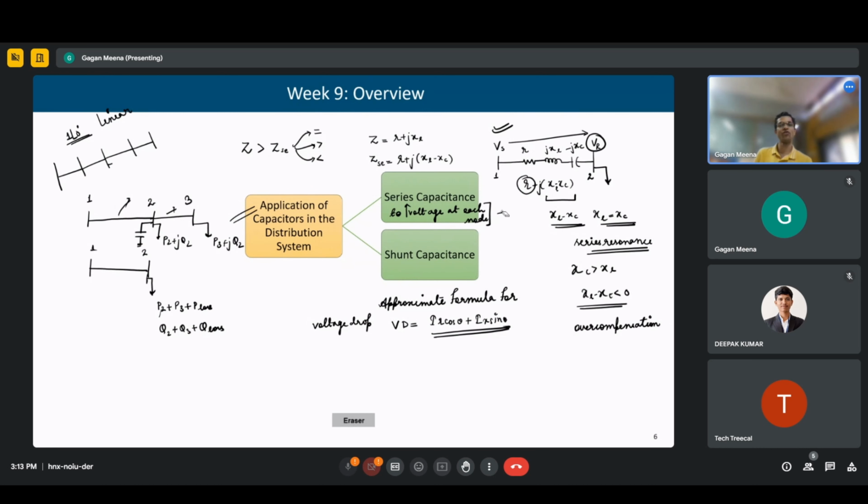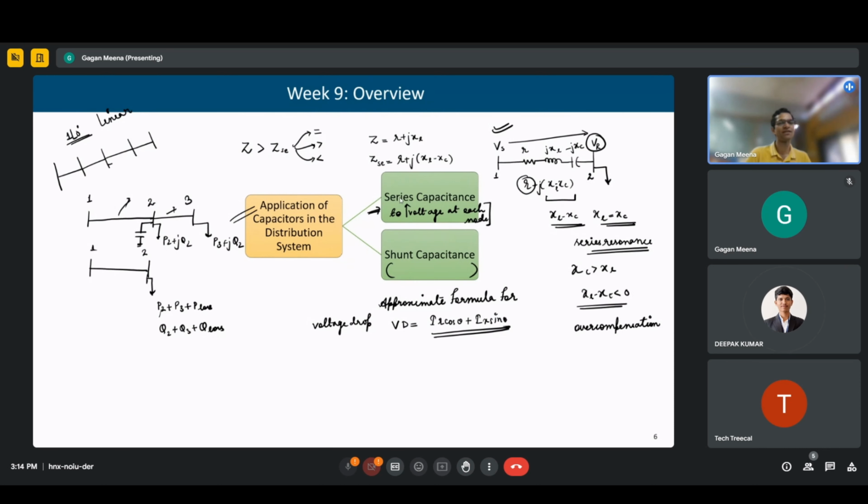And for shunt, the main use of shunt capacitance, can you tell? Do you remember? So this is to increase voltage. The shunt one is for, Sir, to supply the reactive power. Yeah. In both the cases, capacitance is supplying the reactive power.